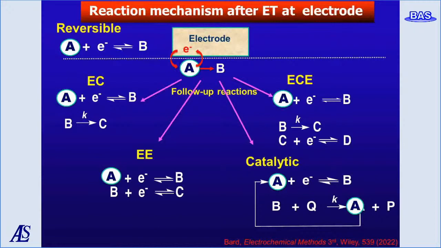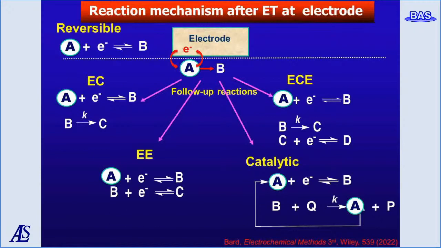Reaction mechanisms in electrochemistry are frequently labeled by strings of letters signifying the reaction steps. E represents electron transfer at the electrode, and C represents homogeneous chemical reactions, and the sequence involves decay of the product after the electron transfer, such as EC reactions or EE reactions.